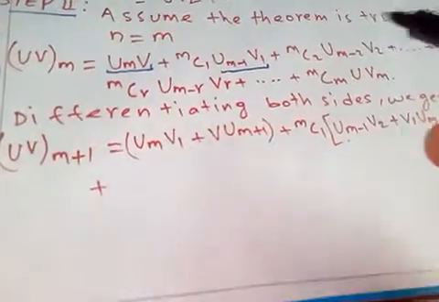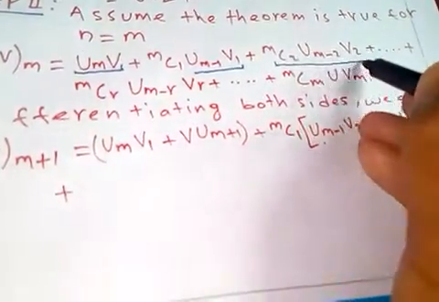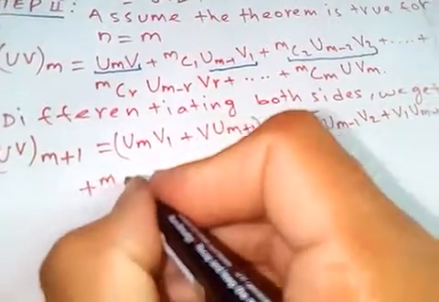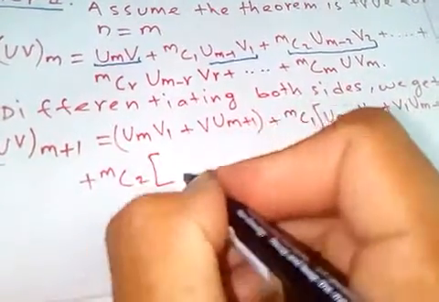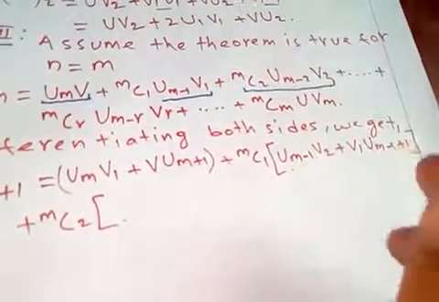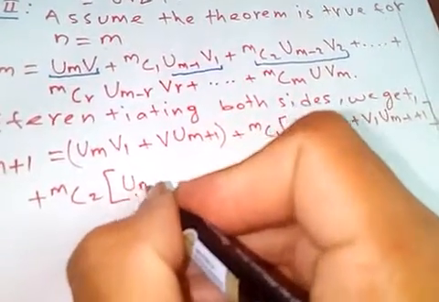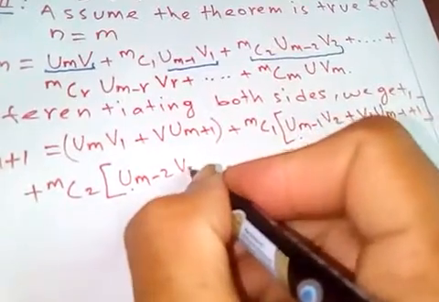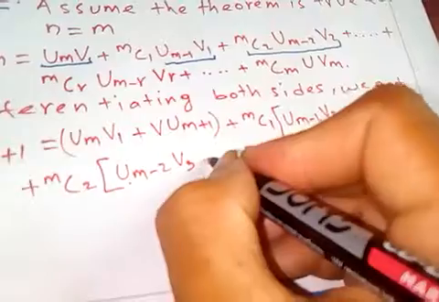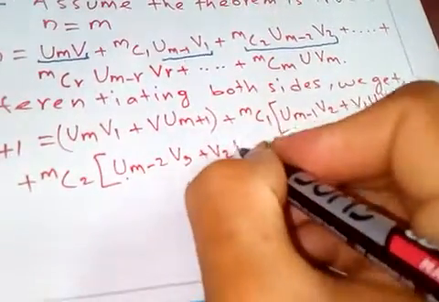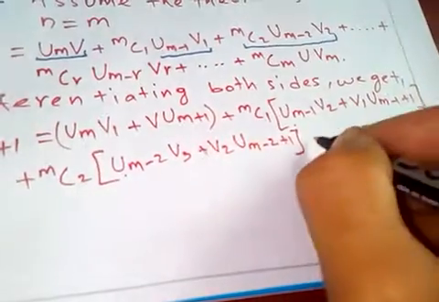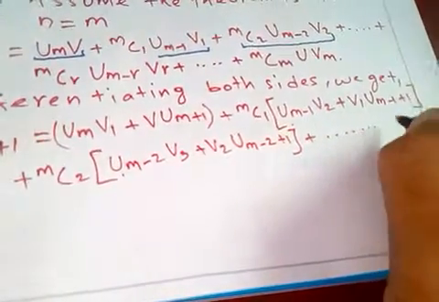Plus again, mC2 is just a constant, so it can come out, and in this term you get the first function times the derivative of the second function, 3 times, this is 3, plus the second function times the derivative of the first function, m minus 2 plus 1, plus and so on.